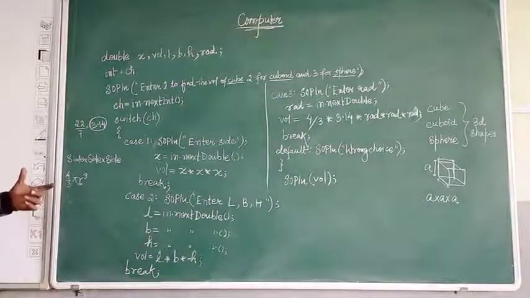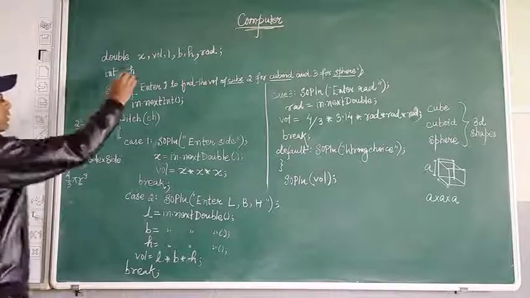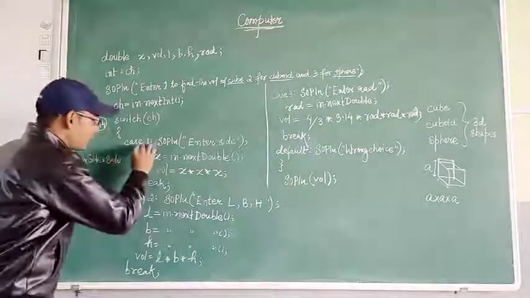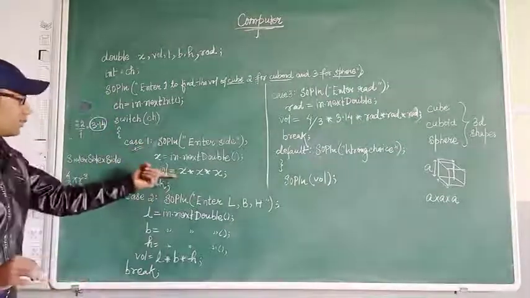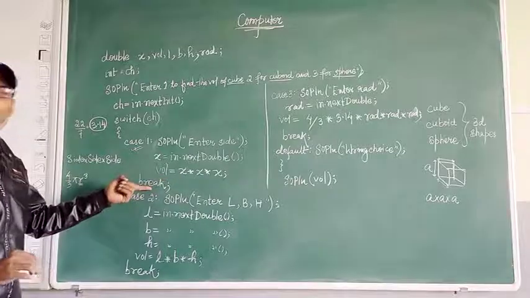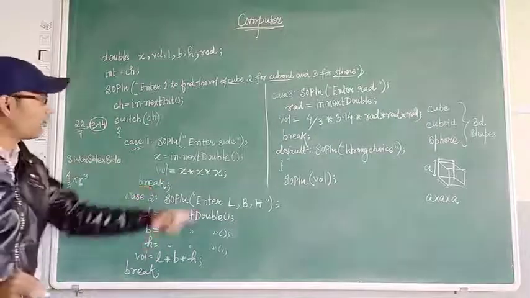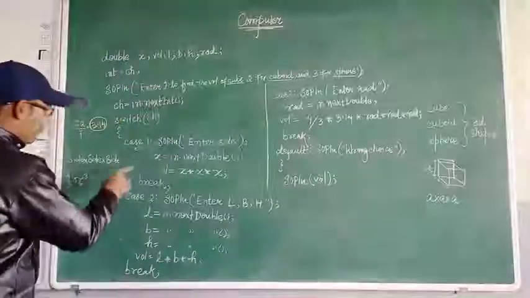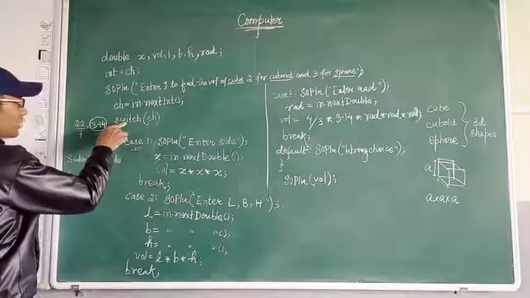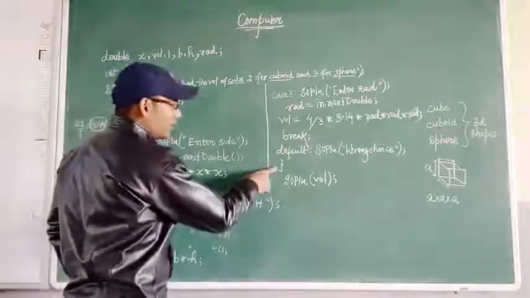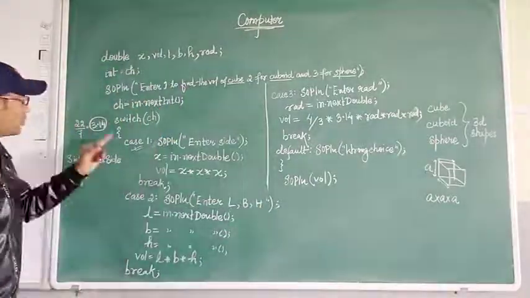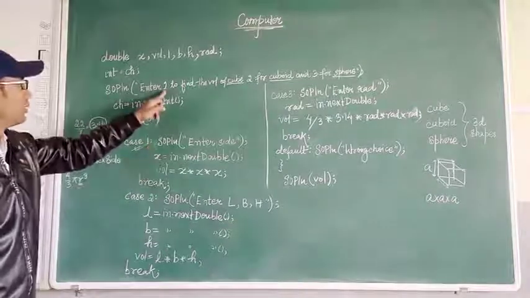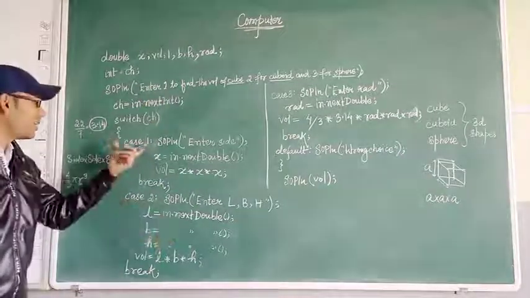Now let's suppose the user enters 1. Definitely this part will execute till here. As soon as the compiler sees break, it will not proceed forward; instead, it will come out of the boundary limit. This is the initial boundary limit of the switch, and this is the final boundary limit. The compiler will match for 1.